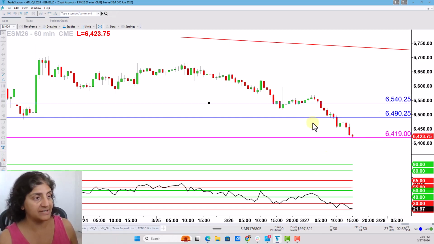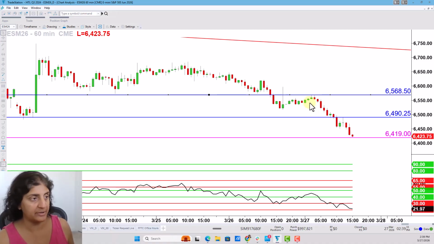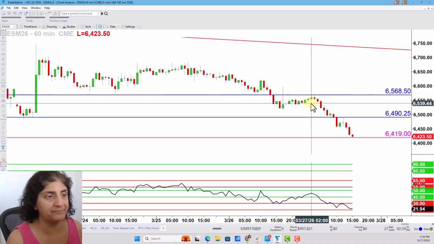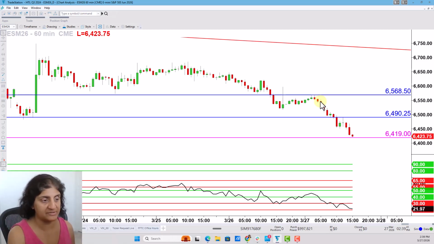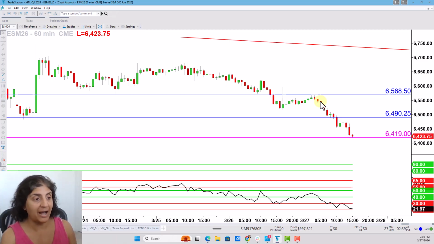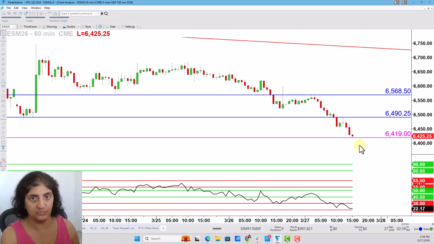And then there's the actual high that's shaping this whole push lower, and that is here from 2 a.m. So you can see that those are important distinctions in the kind of resistance, right? One is near term and one is further out. But if I am going to be monitoring this and seeing whether today or in Sunday's session, heading into Monday, things actually stabilize, well, I already have my resistance mapped out, okay?